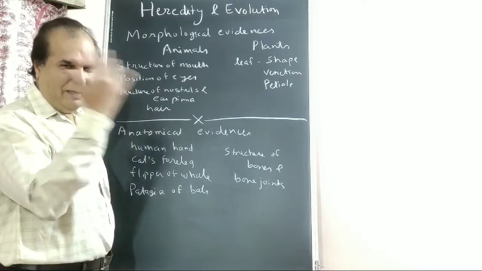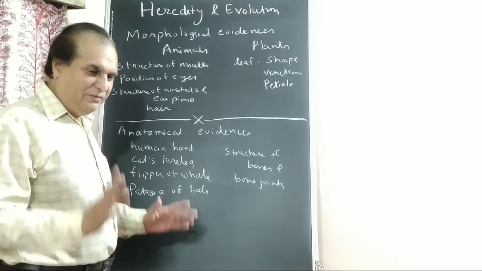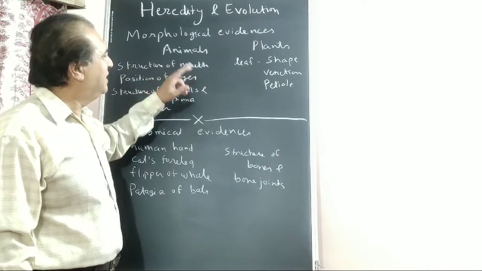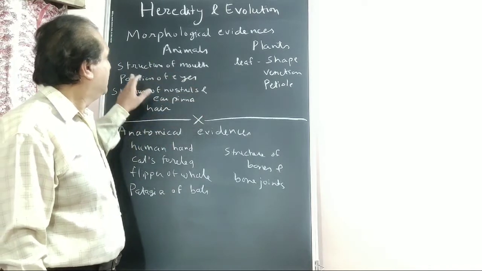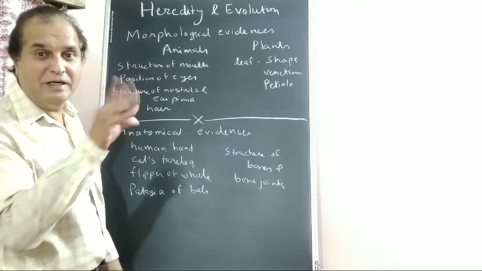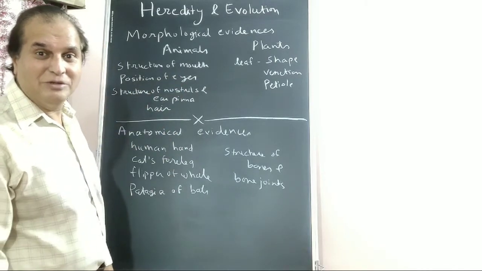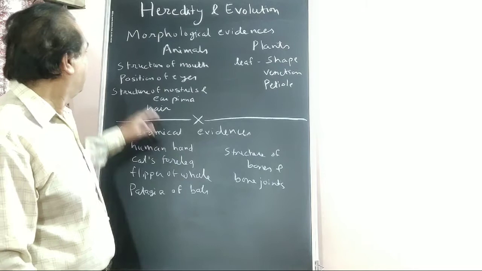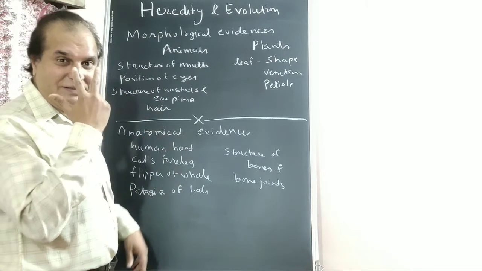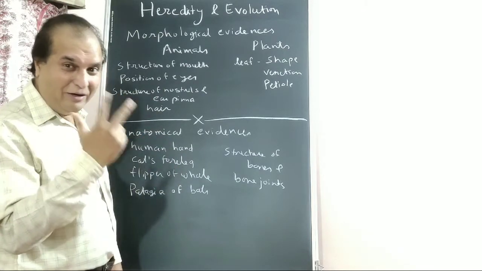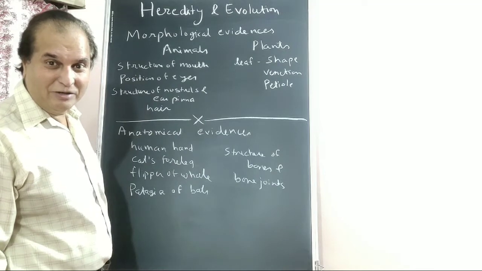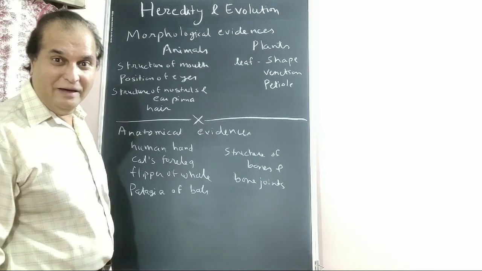Morphological evidence, appearance. If you observe animals and plants also, the structure of the mouth is the same, eating most of the animals. Position of eyes, all animals you see, cats, dogs, lion, tiger, elephant.